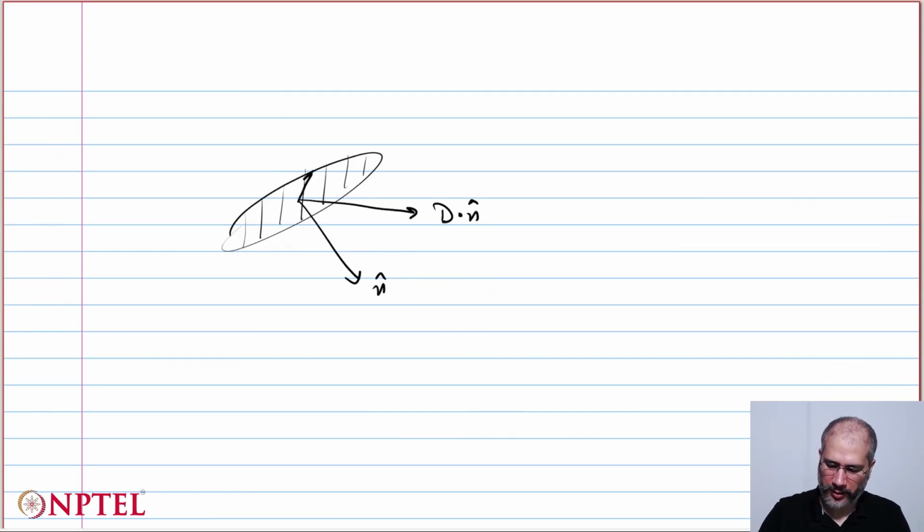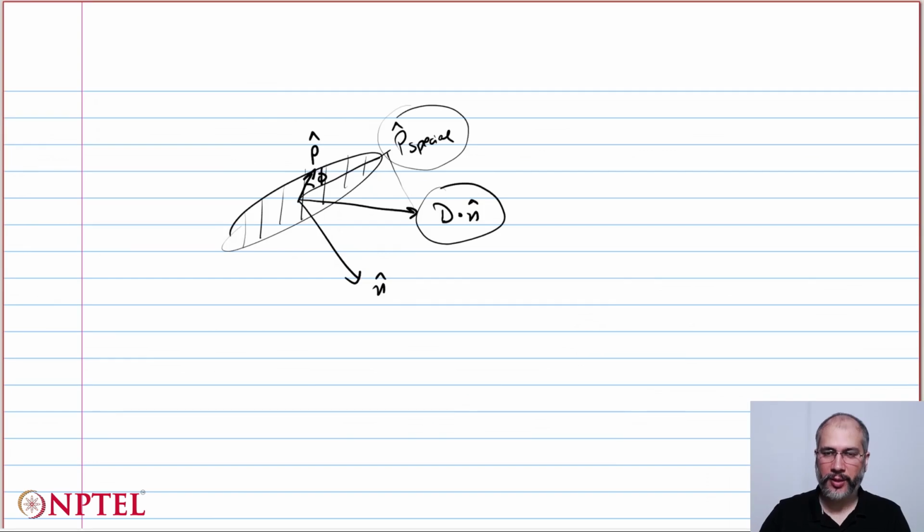So if I choose an arbitrary p hat like this, and I choose an angle phi here, which is an angle made from the axis along which this p hat special lies, which is similar to what we had in stress, then what we see is that the component of d dot n along p hat special is the maximum. And as my p hat rotates and I take it to a condition where it's normal to p special, then I'll see that this quantity dotted with this p hat will be 0.